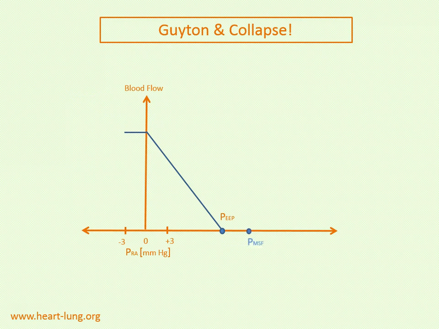So let's add some PEEP. And what PEEP does, interestingly, and is often unrecognized, is that PEEP increases the mean systemic filling pressure. And PEEP increases this pressure by a few mechanisms, but primarily through adrenergic response.